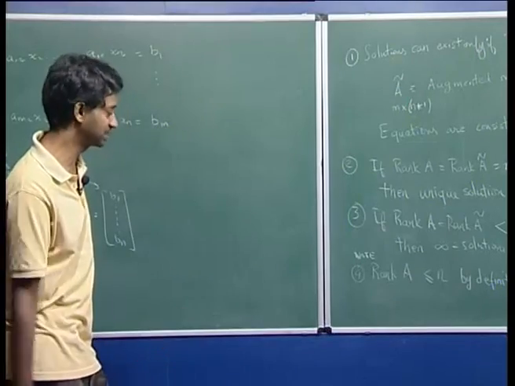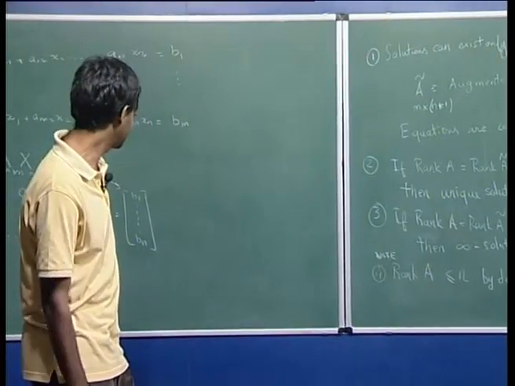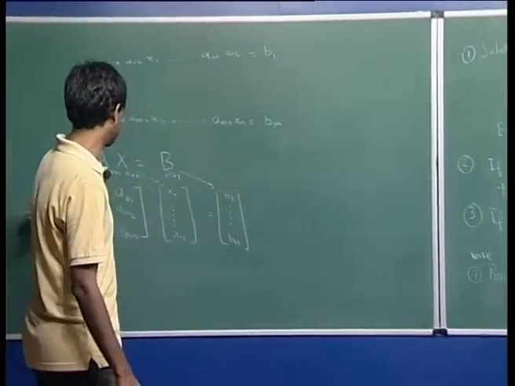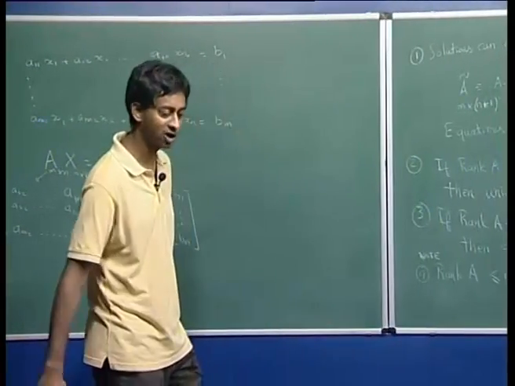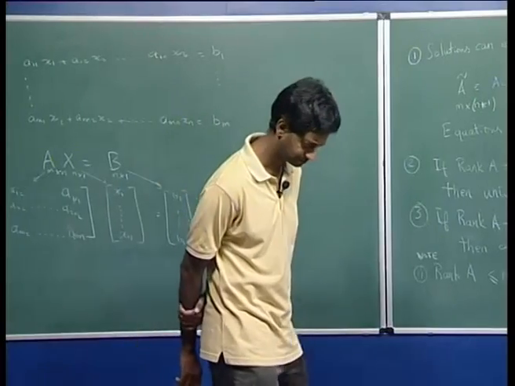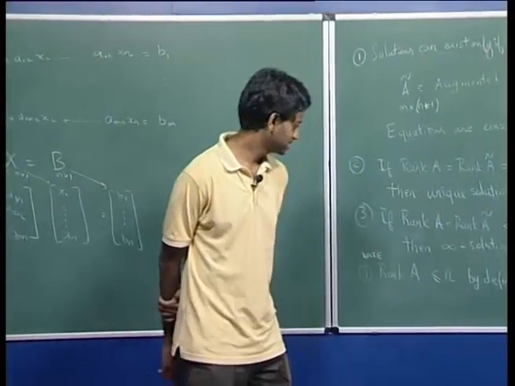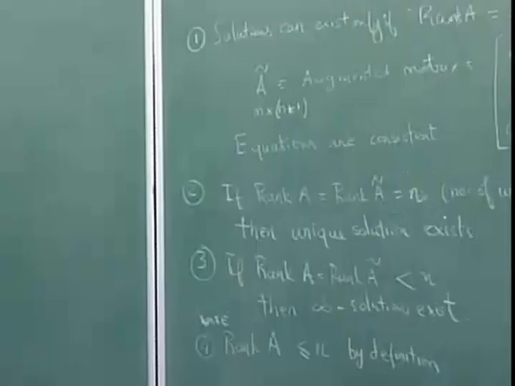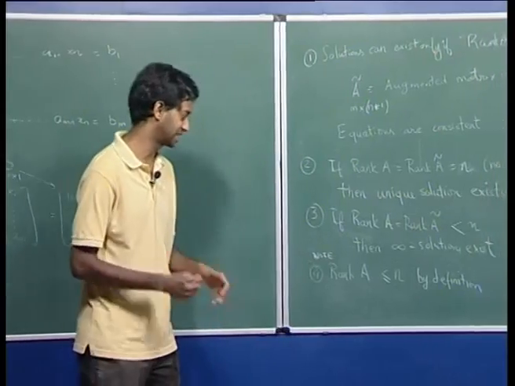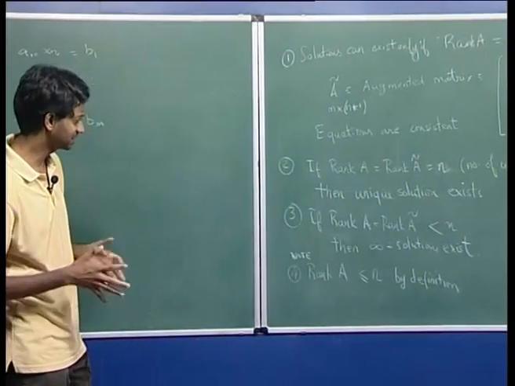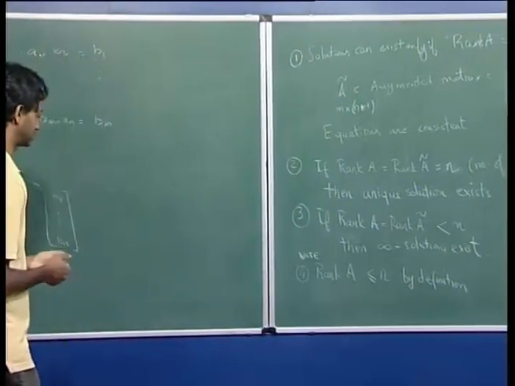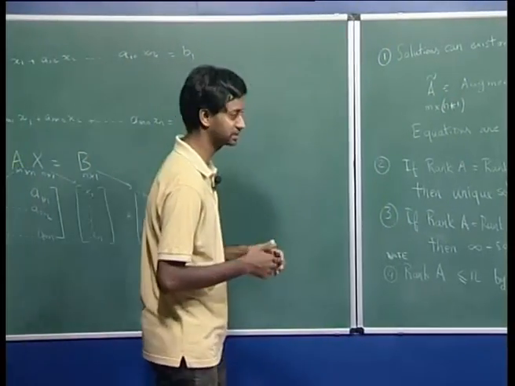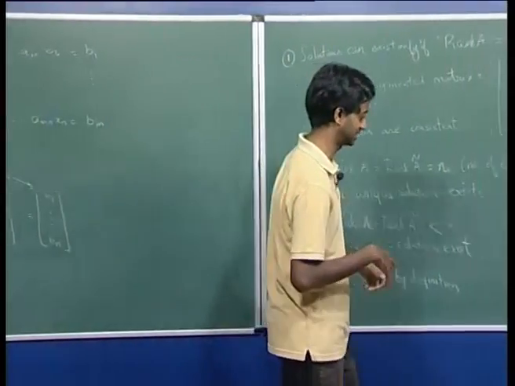Well, you have a set of vectors, and you have to determine how many of them are linearly independent. And it turns out that there are some good ways to determine the rank of a matrix. Second thing that remains is that suppose there exists a unique solution, then what is the unique solution? So, these are the two questions that we will consider next.